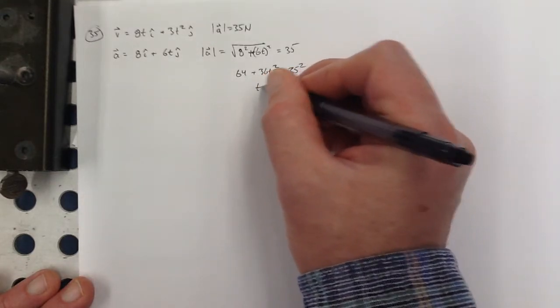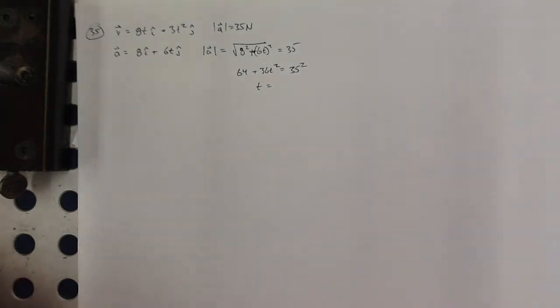And go ahead and solve for t. So let's see, 35 squared minus 64 divided by 36, and then take the square root of that.